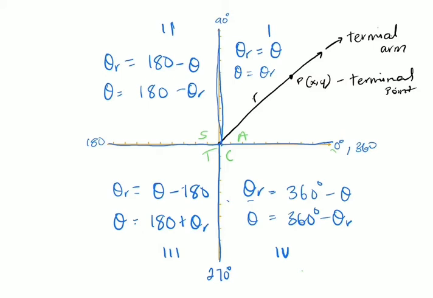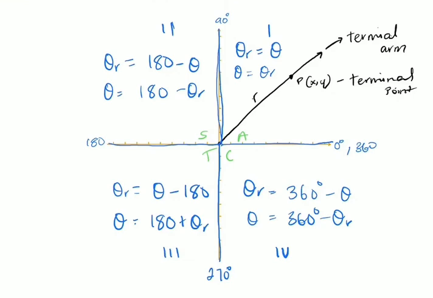It means that in quadrant 4, your cos is always positive. In quadrant 1, all of your trig ratios, so cos, sine, and tangent, are positive. In quadrant 2, only sine is positive, and in quadrant 3, only tan is positive. The rest are going to be negative. So that's what C.A.S.T is. These are the basic things that we need to remember on our coordinate plane. We just needed that refresher.